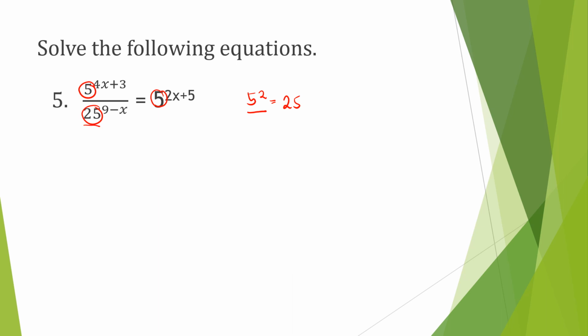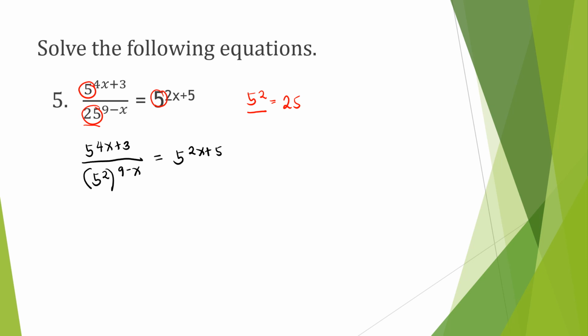The equation now will become 5 raised to 4x plus 3 over, rewrite 25 as 5 squared so that the bases will become equal or the same. So we have the quantity 5 squared raised to 9 minus x is equal to, let us copy the right side of the equation, 5 raised to 2x plus 5.